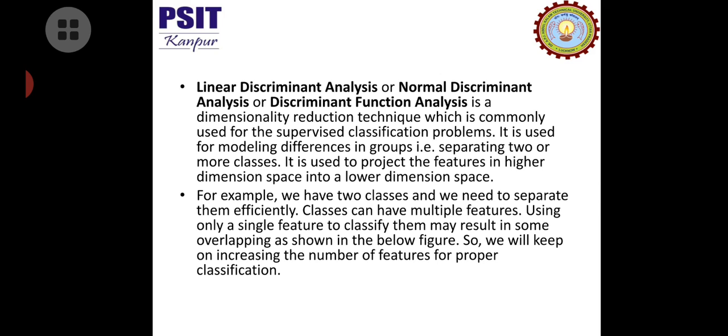So students, let's suppose we have two classes and you want to separate them. If you are taking a single feature for the separation of the two classes, it may result in some overlapping. So how will you solve this problem? With the help of more than one feature, that is, by increasing the number of features if you want proper classification.